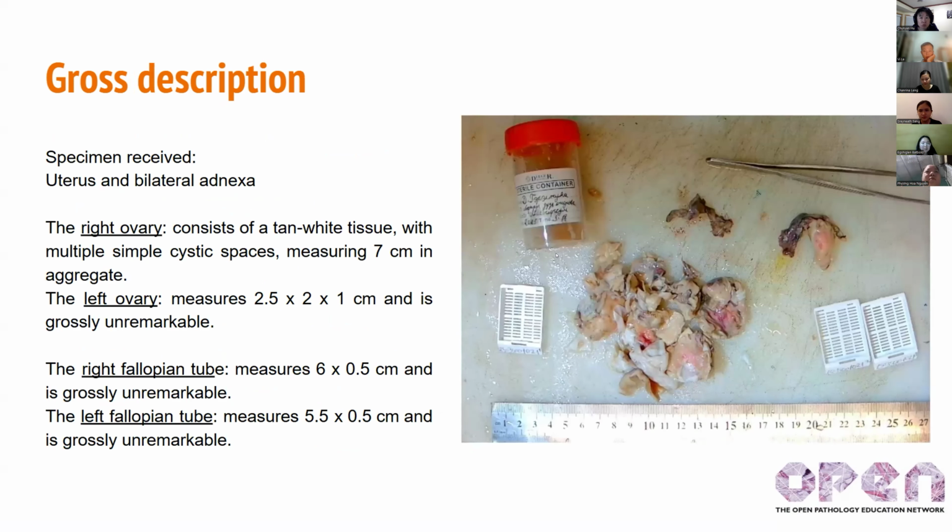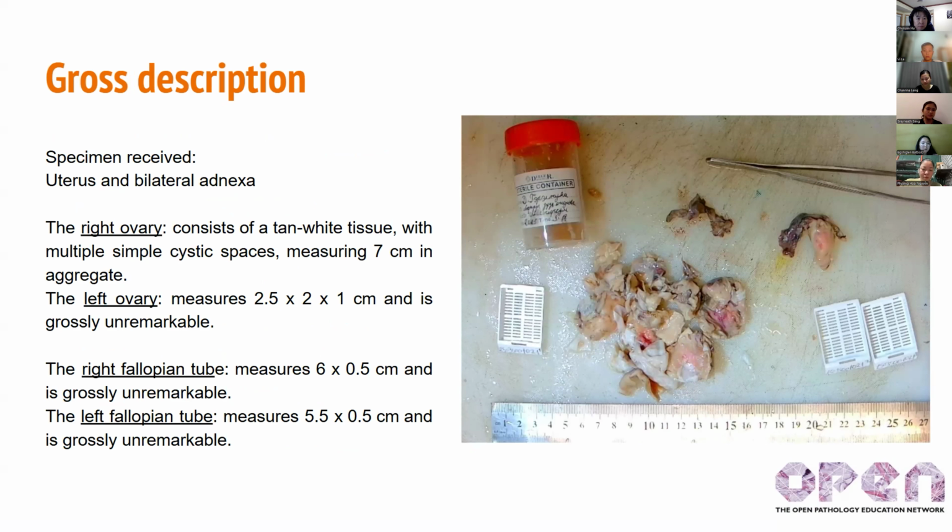After the surgery, we received the specimen, and this is the gross description and the microscopic picture of the specimen, which was bilateral adnexa. The right ovary consists of white-tan tissue with multiple simple cystic spaces measuring 7 centimeters in the aggregate.